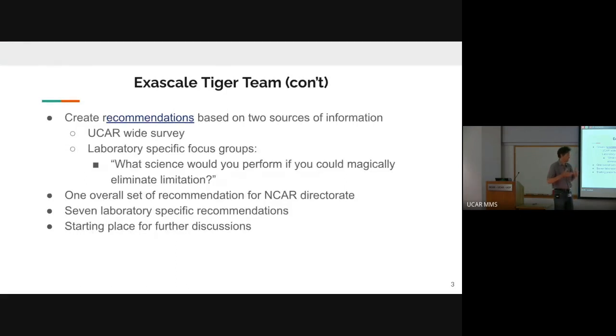We wanted them to think, where would you go if you didn't have to worry about limitations? Based upon those 2 sets of information, we came up with an overall recommendation for the NCAR Directorate, and then 7 laboratory-specific recommendations. We view this as a starting point for further discussion, and this was obviously the first discussion that we're going to have.